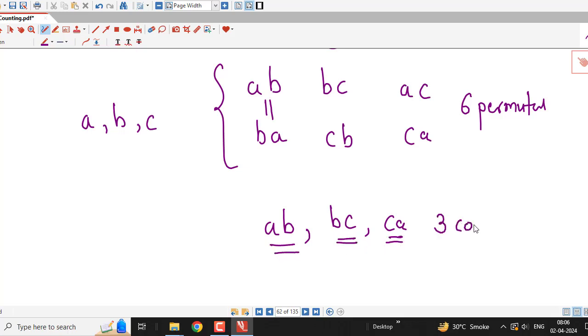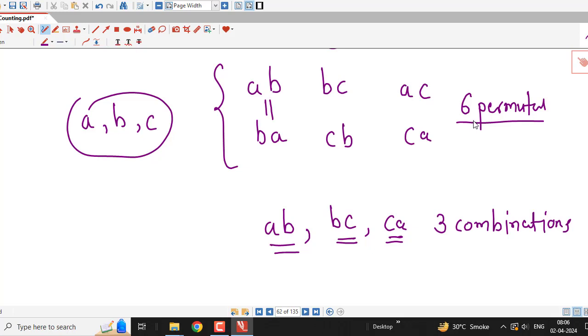So there are 3 combinations of 3 objects taken 2 at a time, and there are 6 permutations of 3 objects taken 2 at a time.